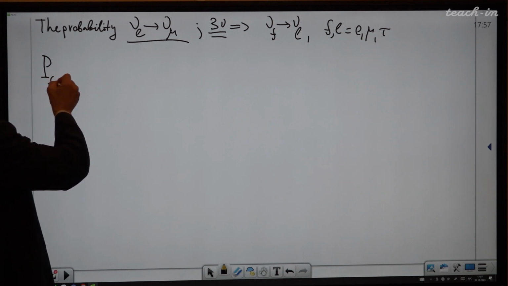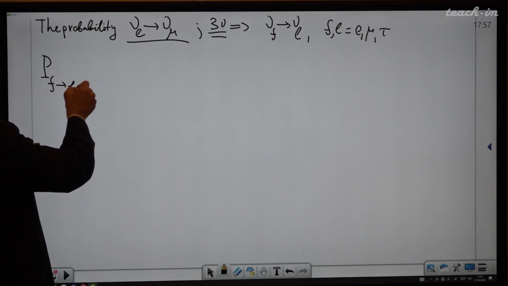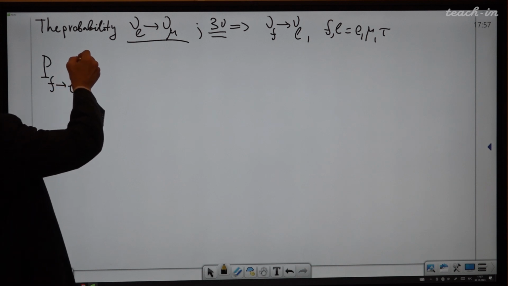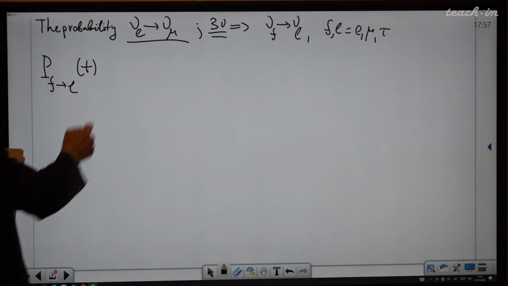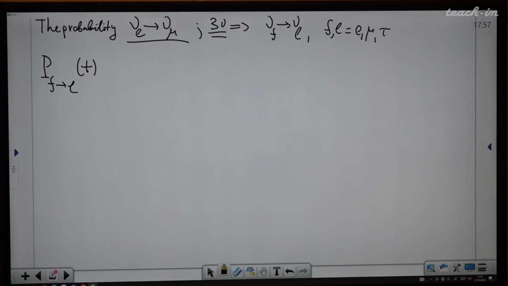So neutrino flavor F, neutrino flavor L. What will happen with the neutrino of flavor F?